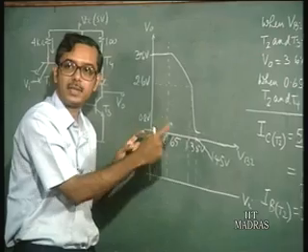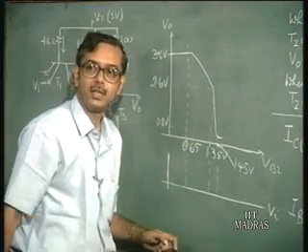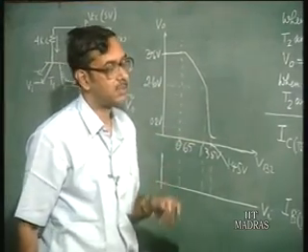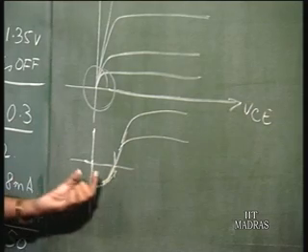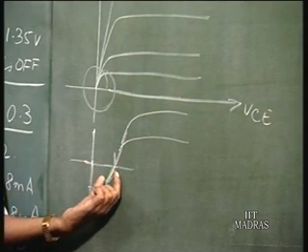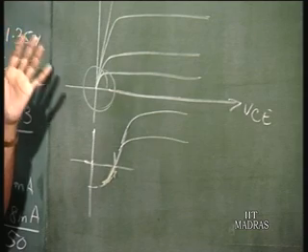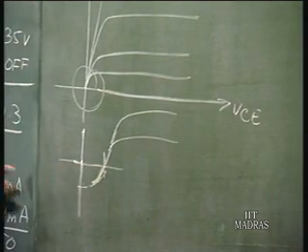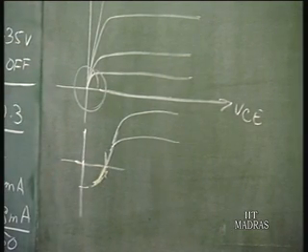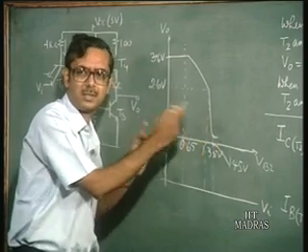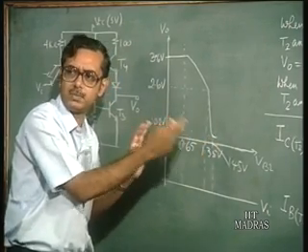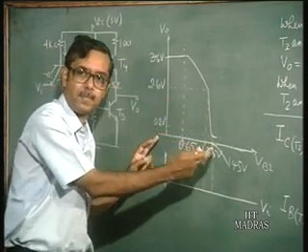For T1 it is confined in that region. So, approximately we can assume that the drop across VCE of T1 is around 0.1 volts for the entire region here. It's a very small voltage, around 0.1 volts say.